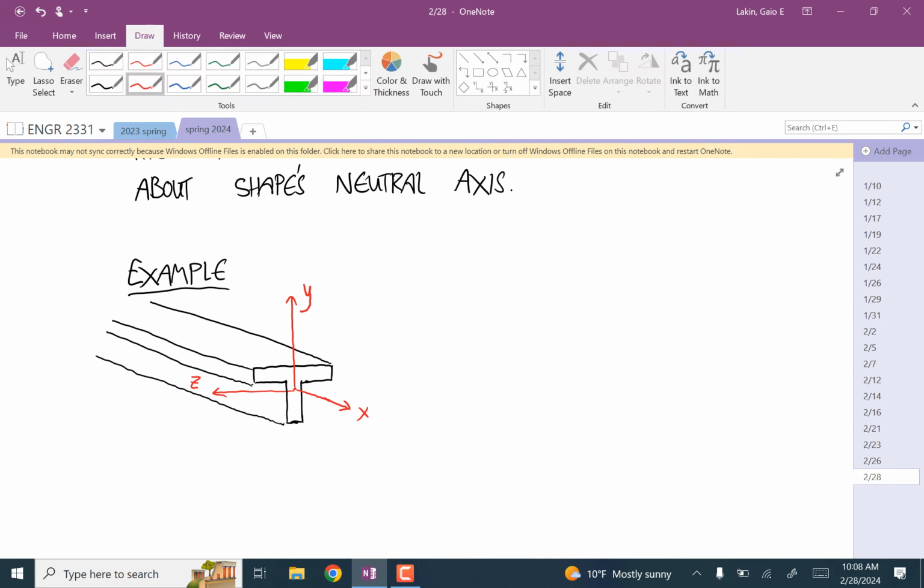Okay, so we're going to calculate the area moment of inertia about the neutral axis of this cross section. And I'll give you the dimensions. So let's say that this distance is 0.5. Ooh, that's a big old beam.